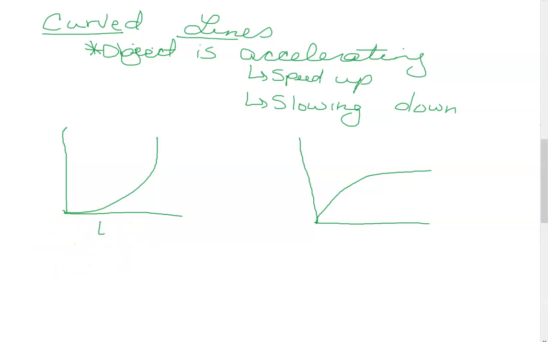This is still time in seconds. This is still distance in meters. And what do they mean when there are curves? Well, this one on this side is the speeding up graph.